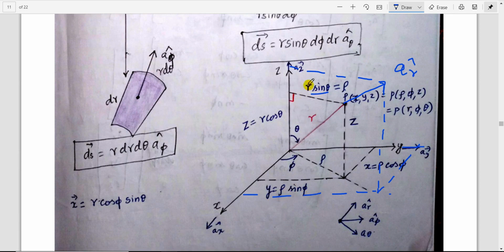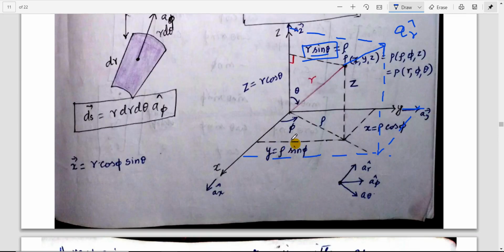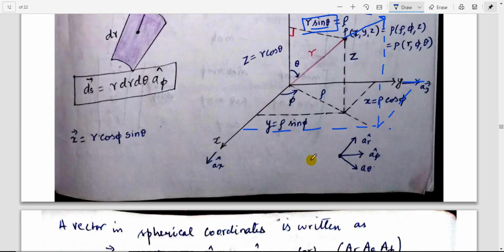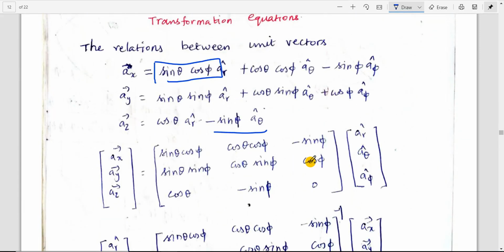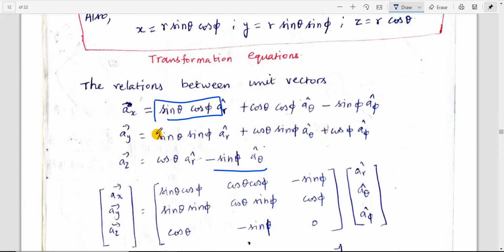So rho is r into sin theta, so r into sin theta is replaced here. So sin theta into sin phi will be coming for the y-axis component. So we have got the three axes for the projection of the A r vector on the three axes.